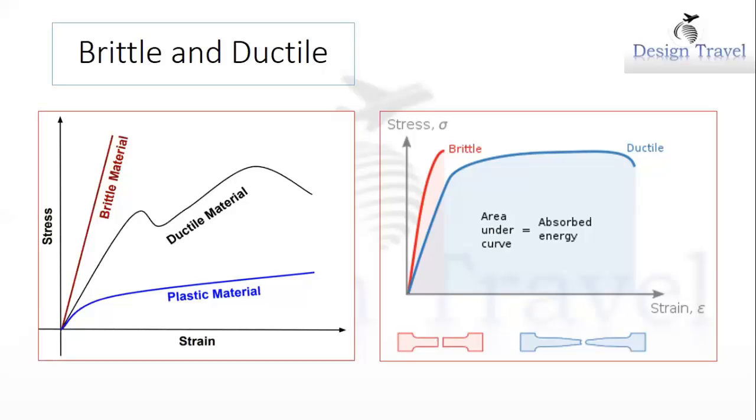For simplicity, take a car body. The exterior body is made of ductile material, and for the internal body, take powertrain components such as gears. Gears are made of cast iron, right? Grey cast iron is a brittle kind of material. Imagine a real-time situation: you are riding a bike and it gets stuck in the middle.